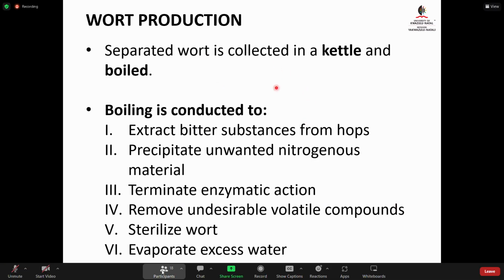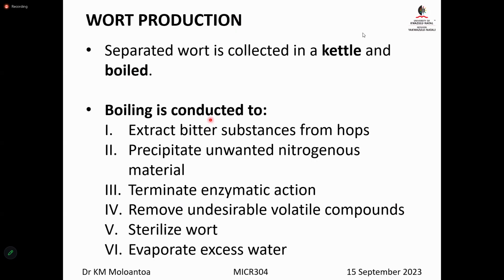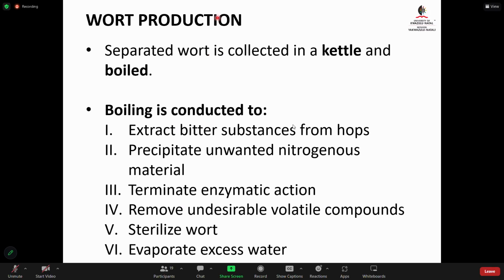Right. So we do have our separation that happens at the lauter tun. Remember, you first mill, which is to grind the malt, and then after making the grist, which is the powdered malt, you add it into the mashing vessel. In the mashing vessel, you add warm water, which will be around 68 and not more than 80.